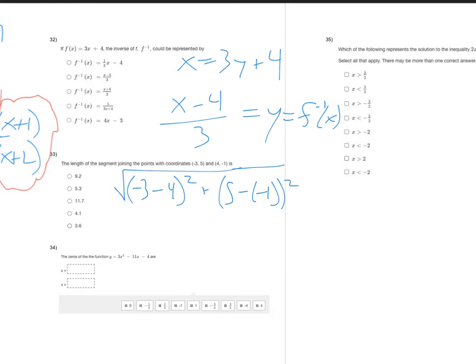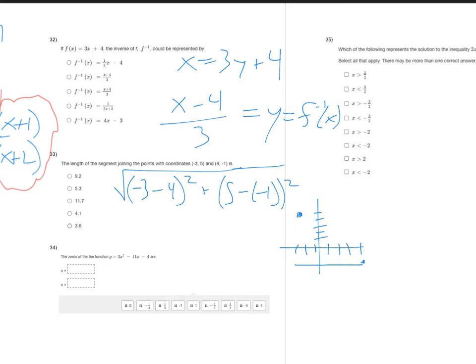And remember, what you're really doing here is you're making a right triangle. So if I were to plot these points here, negative 3, I'll just say 1, 2, 3, 1, 2, 3, 4, 5, and then 1, 2, 3, 4, negative 1. And when I do that 3 minus negative 4, I'm finding the length of this leg of a right triangle.